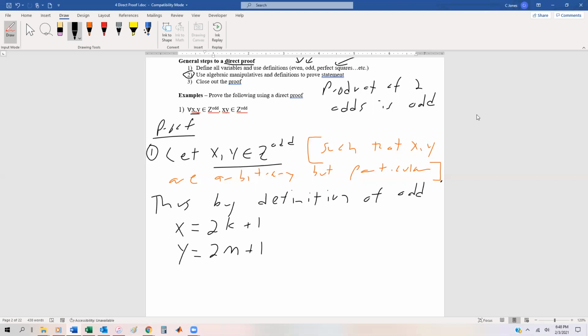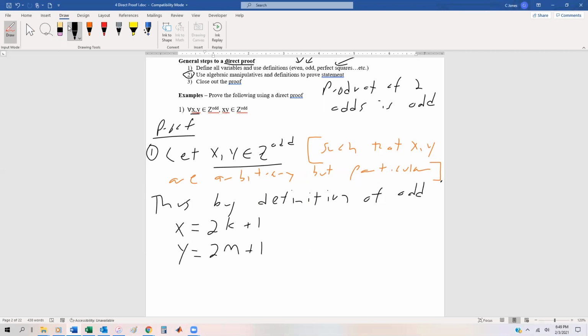And you might be thinking, why not just say 2k plus 1 for both? Well, that would mean that x is equal to y, and that's only true if x and y are the same integer. And that's not true. So every time we do this, we're just going to use different variables.